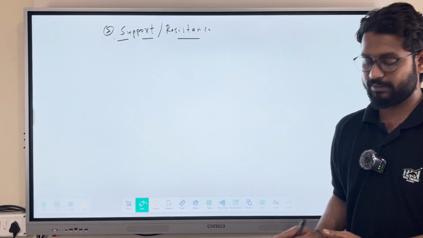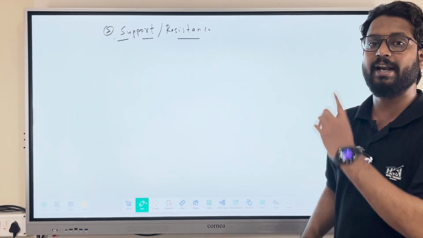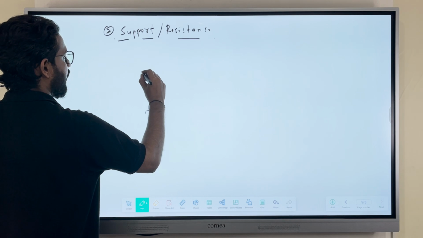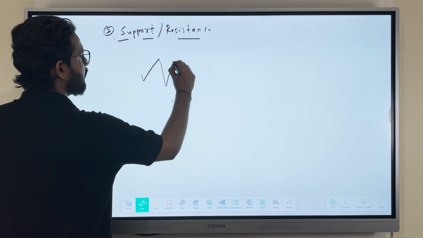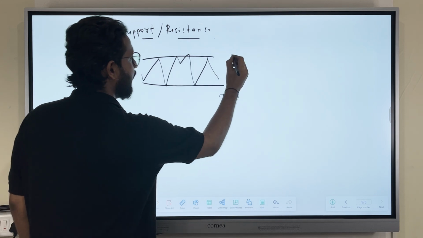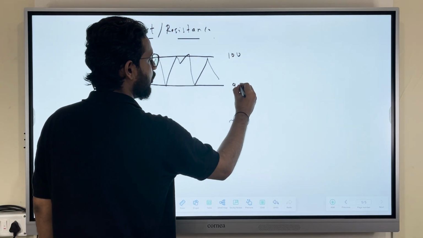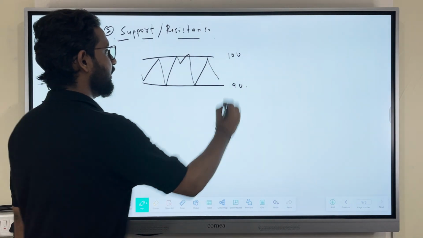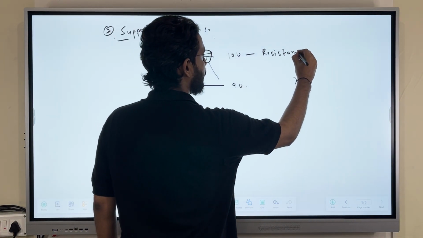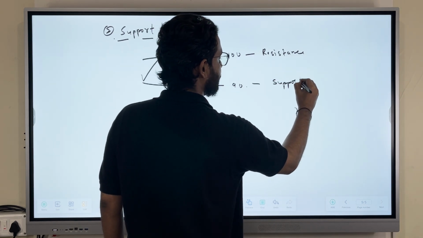So this tells us that the floor is the support of the trajectory of the ball and the roof is the resistance. Okay, for example, if a certain stock is having a trend, okay, and it is not going past 100 and it is not going below 90, then this 100 becomes the resistance of that stock and this 90 becomes the support of that stock.